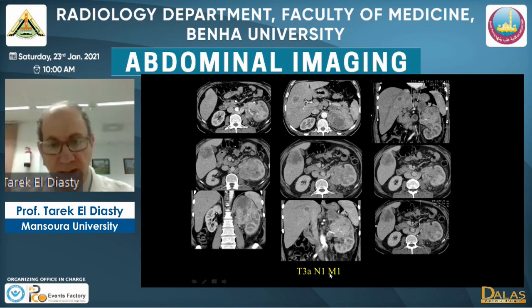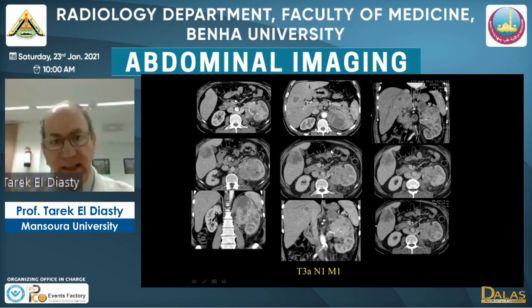It will be M1 because we have here the arrow pointed to extra-regional lymph node at the celiac area. So here, the upper margin of the kidney, these lymph nodes above. So in coronal image, any node above or below toward the iliac vessels, below the lower margin, is extra-regional lymph node. So it is metastatic lymph node. So this is in coronal image.